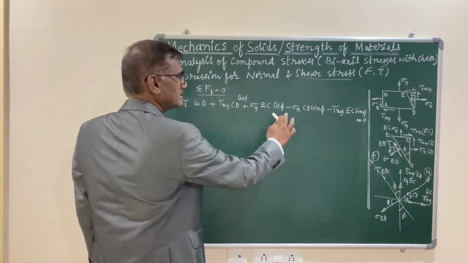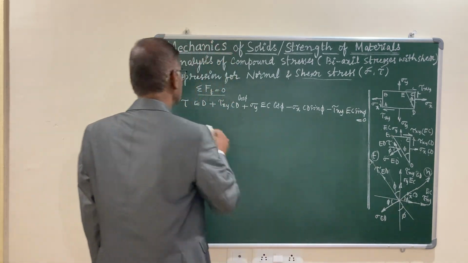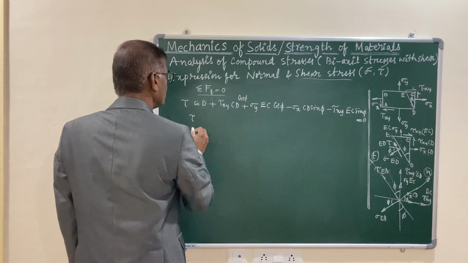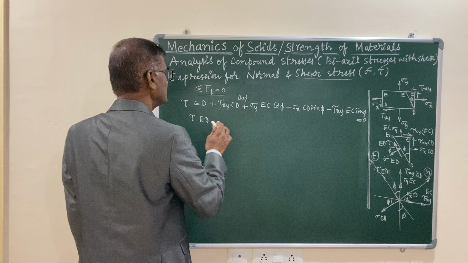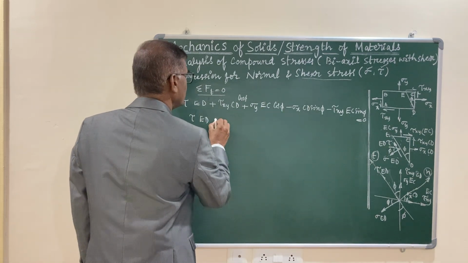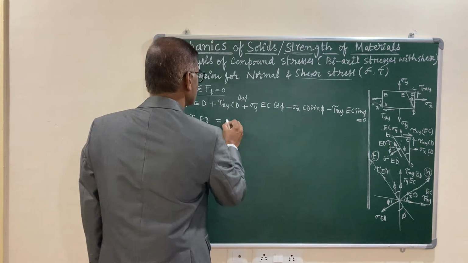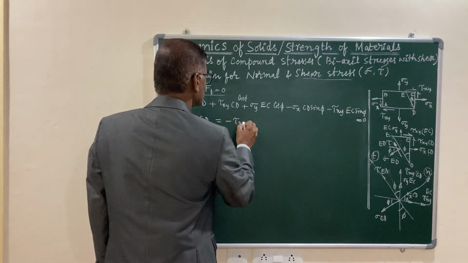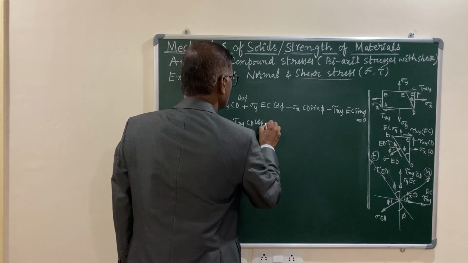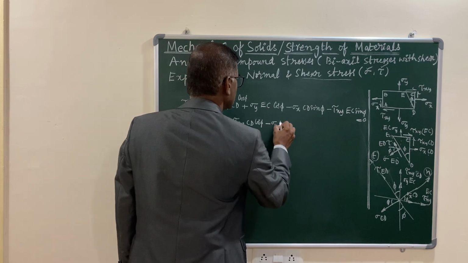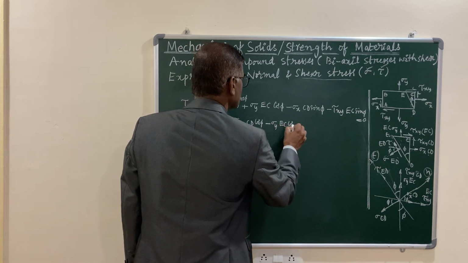This is my sigma Ft is equal to 0 equation. Now rewrite this term the other side, and let us rewrite it, it is tau into ED. I am keeping tau on the left hand side, and all the other terms I am bringing to the right hand side. It is minus tau xy CD into cos phi, minus sigma y EC into cos phi.